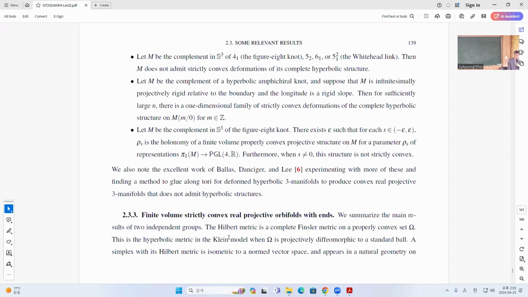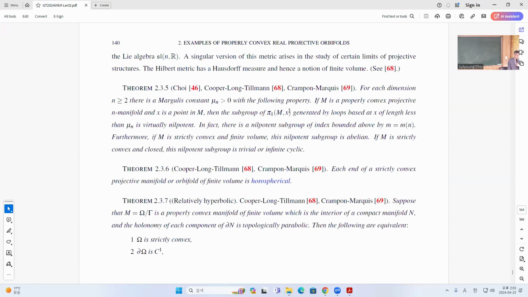And then the finite volume strictly convex projective orbifold with ends. They prove that if you have a projective orbifold, and you look at all the loops based at x with length less than epsilon, then the subgroup is virtually nilpotent.